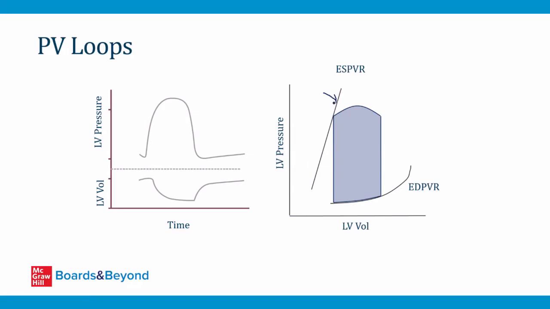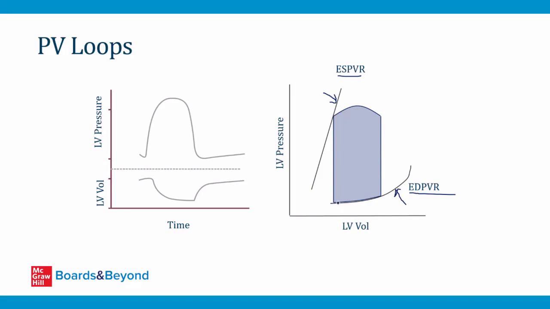Now, I also want to point out this line right here. This straight line right here is called the end systolic pressure volume relationship. And this sort of curved line right here is called the end diastolic pressure volume relationship. These 2 lines are determined by characteristics of the ventricle. So for different ventricles in different states of activity or disease, they could be different. But they're important because they dictate how the ventricle can operate.